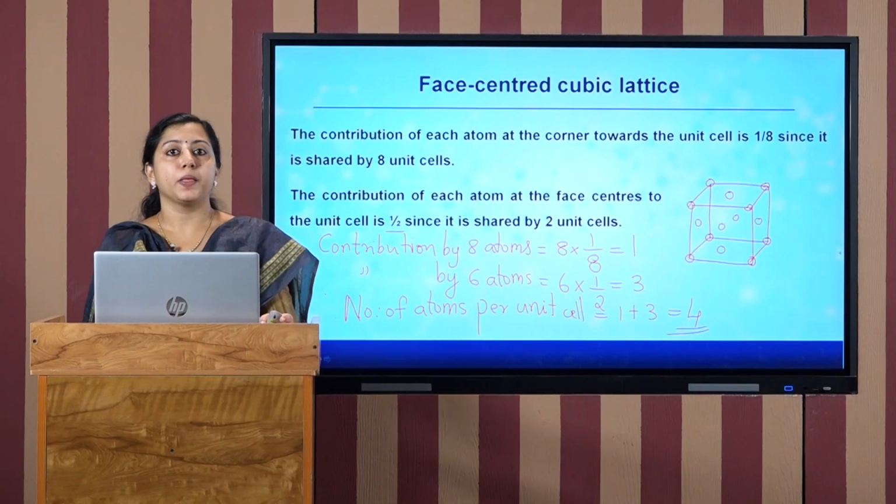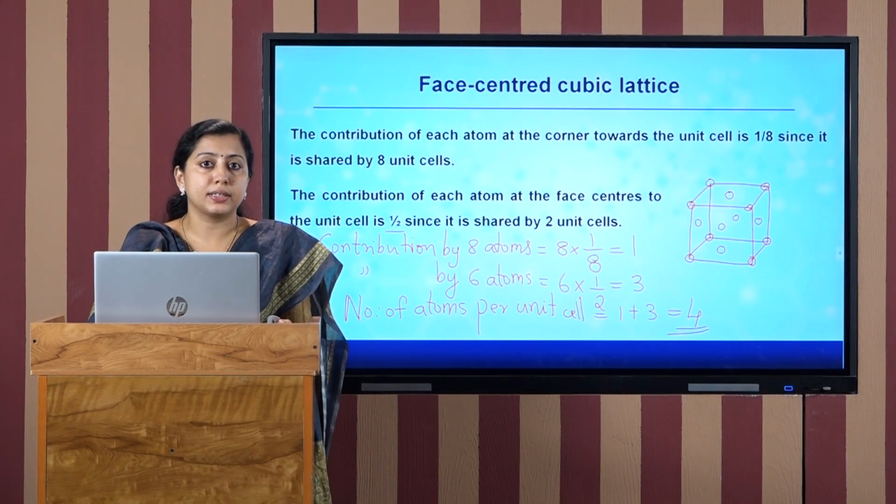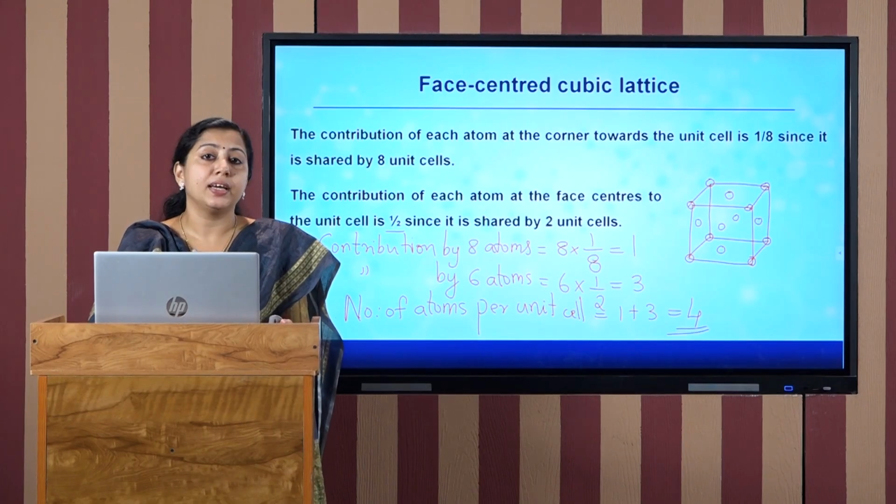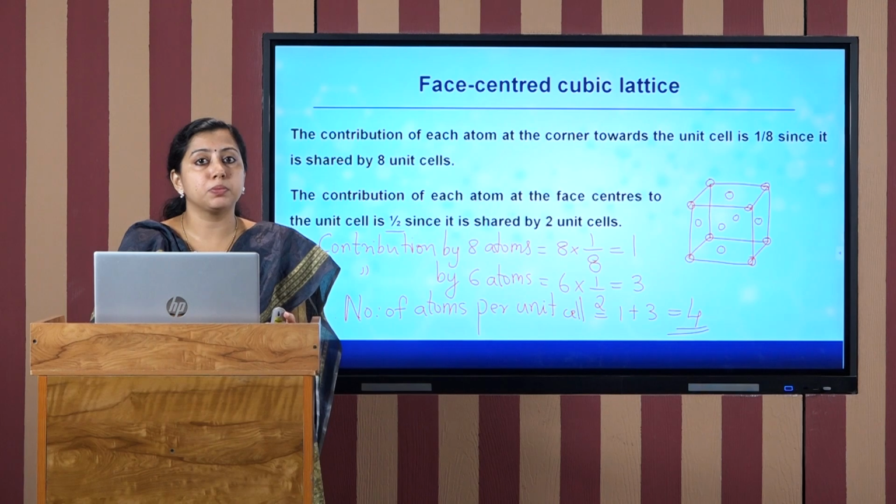Okay. So, now we have discussed the number of atoms per unit cell in 3 types of cubic lattice. So, in simple cubic lattice or a primitive unit cell, the atoms are only at the corners and the number of atoms per unit cell is equal to 1.